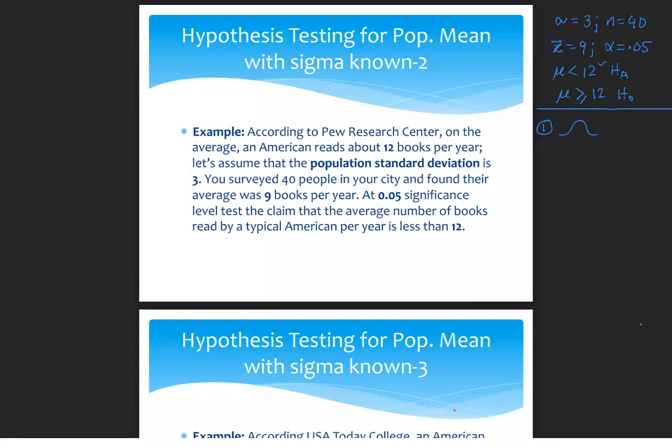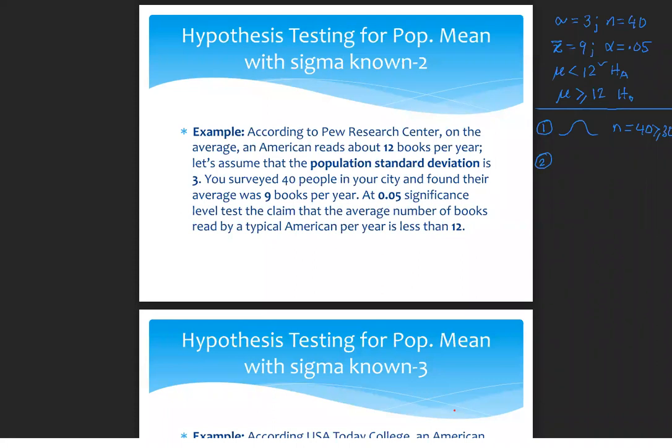I see a comment: sample size is greater than or equal to 30. Perfect, Lupi. Your sample size n is equal to 40, which is greater than or equal to 30. If your sample size is greater than or equal to 30, you can use the central limit theorem, even though your initial population may not be bell-shaped, but your sampling distribution of the sample means will be bell-shaped. That is the reason.